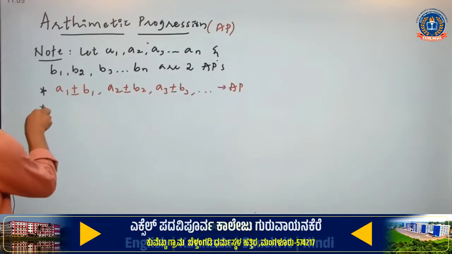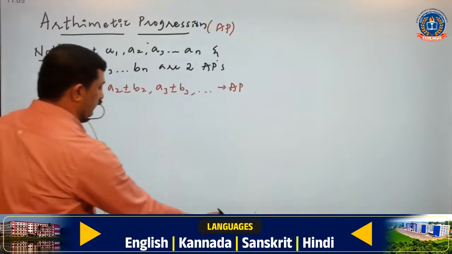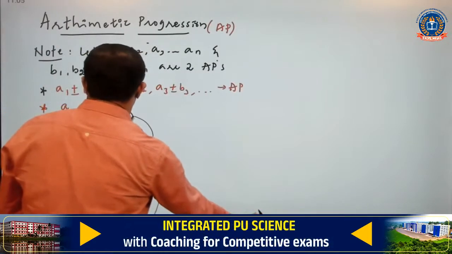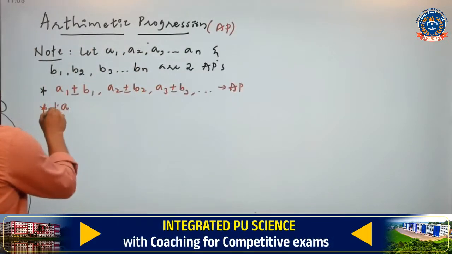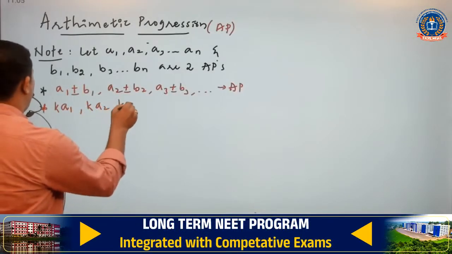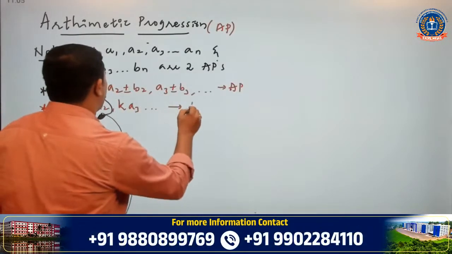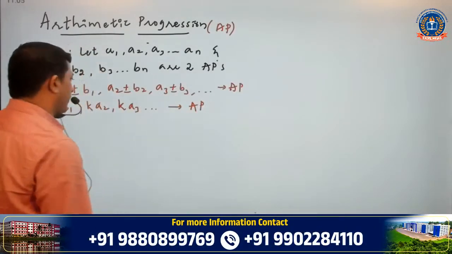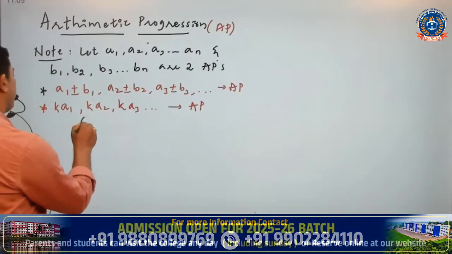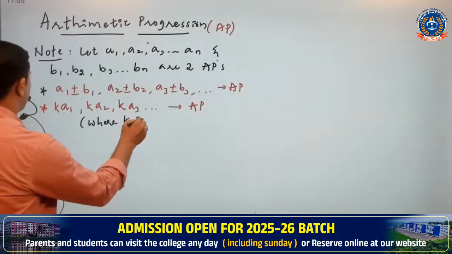Next, the second one: K into A1, K into A2, K into A3 and so on, the resulting will be an AP, where K is a constant.